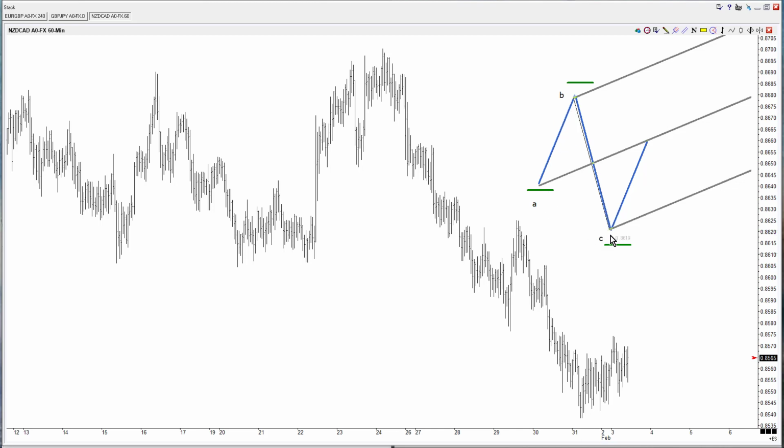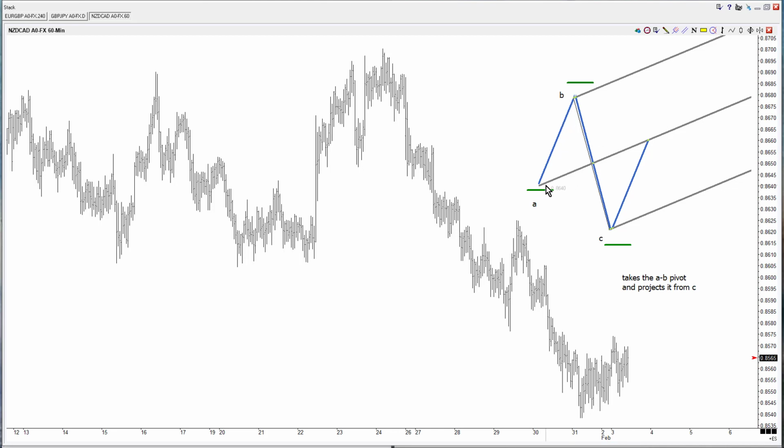A, B, C. So what a median line does is take the A to B pivot and project it from C. So it takes the length of this A to B and then projects it from C. That's what a median line does. No matter how you draw the median line, that's what it's going to do.